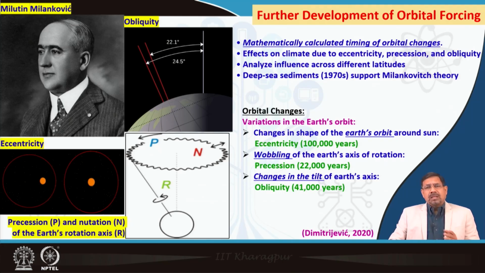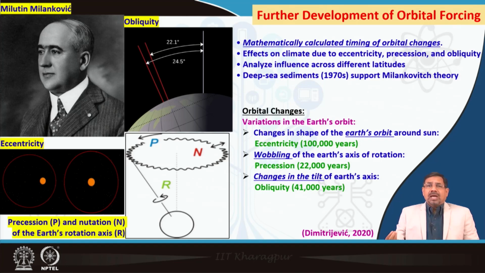As you can see in the lower left figure, the Sun and the red-colored orbit, which varies; it does not take a constant orbit. This variation is explained in terms of eccentricity, which takes an epoch of 1 lakh years and a broader epoch of 4 lakh years.